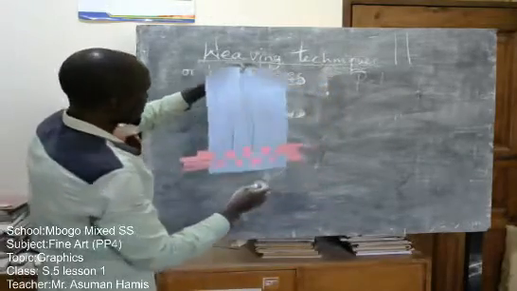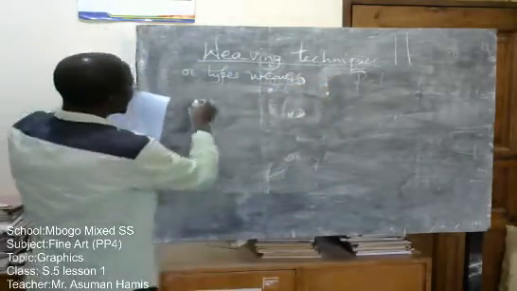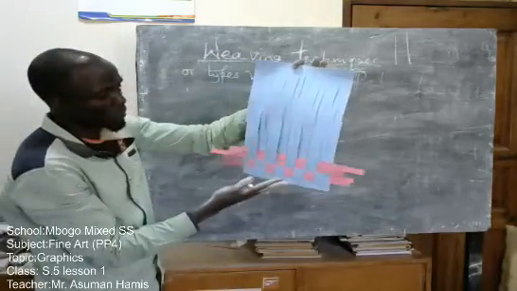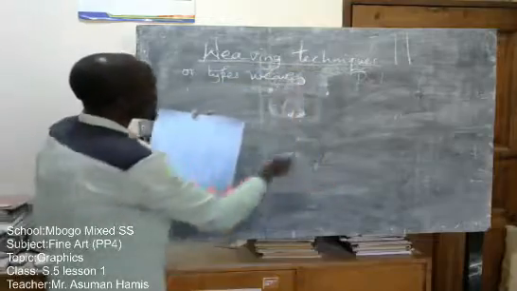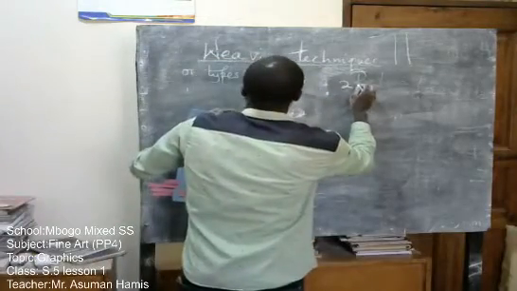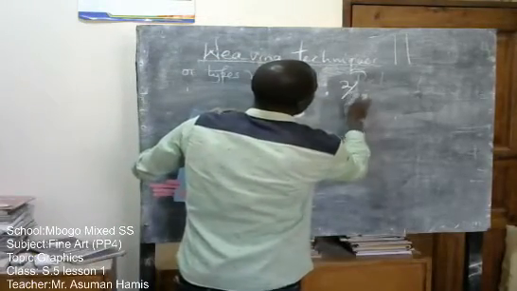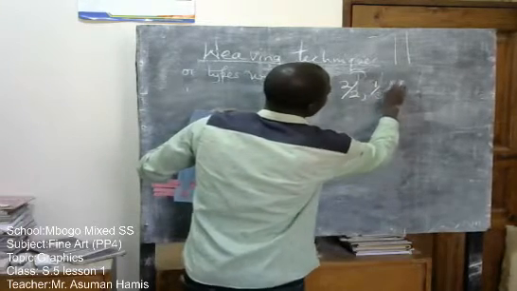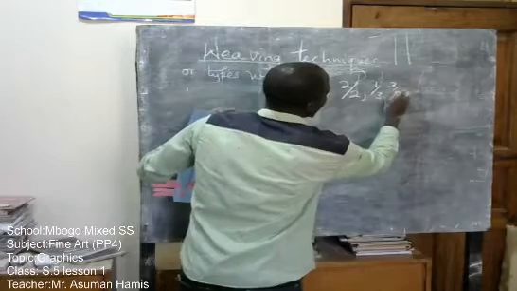Here the wefts are also doubled. In our fraction we shall say it is 2 over 2, or 1 over 3, or 3 over 1.